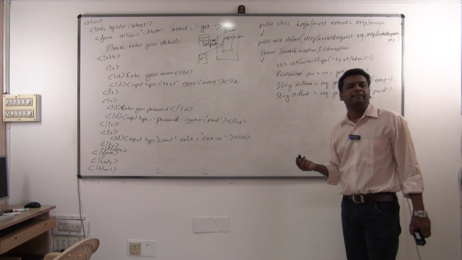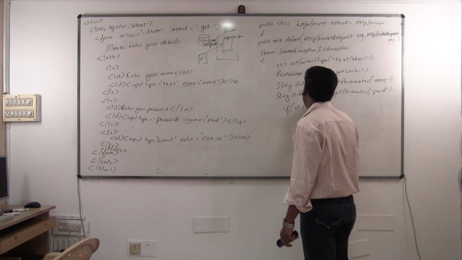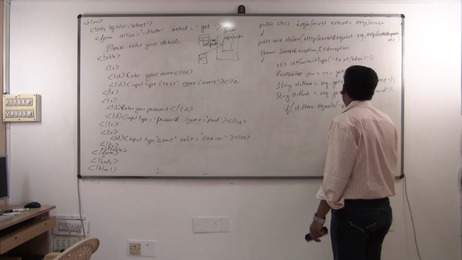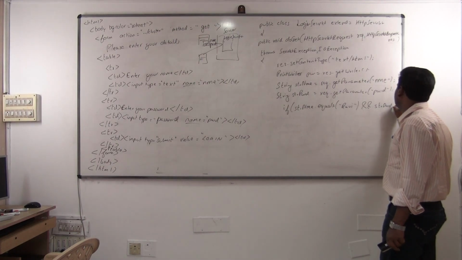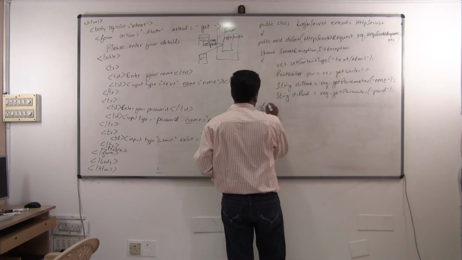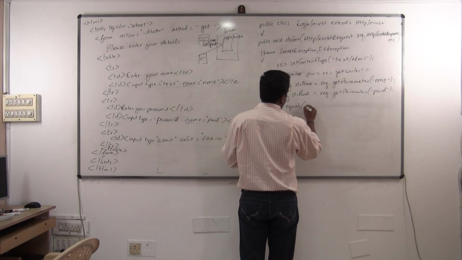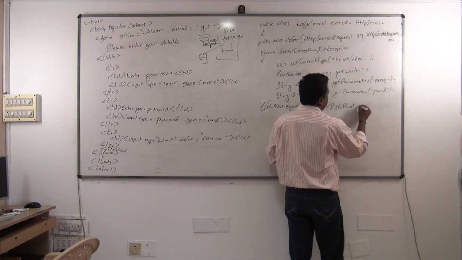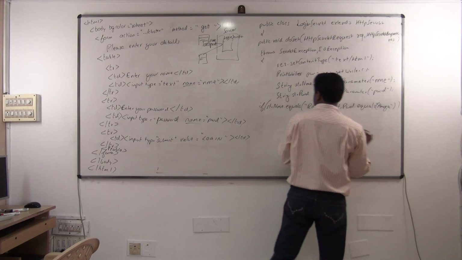So after that, what is happening? You can write your logic. How do you write your logic? If strname.equals("Ravi") and strpwd.equals("Amog"), now you can do your output.